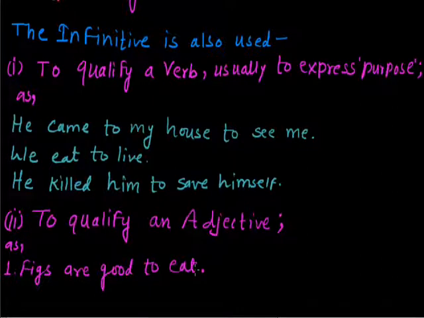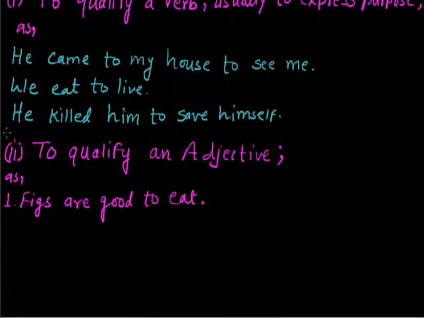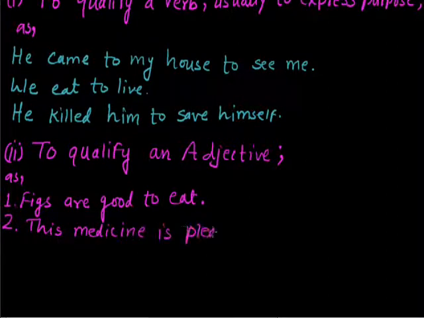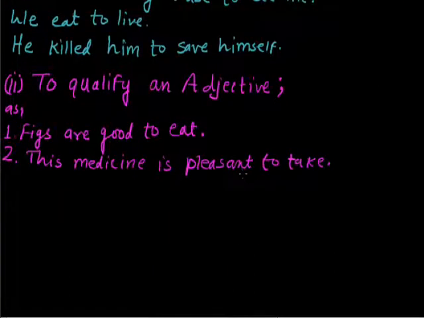One more example: this medicine is pleasant to take. Again, pleasant is the adjective, after which we have used the infinitive to take. So the infinitive to take here qualifies the adjective pleasant.